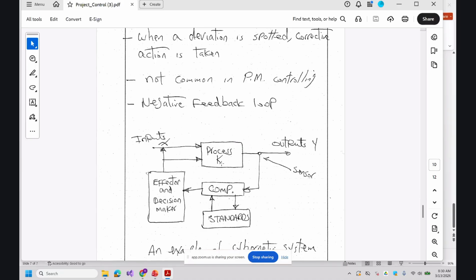In this process, you do some processing, and this is your output. At the same time, you have some sensors, and if you have any deviation, a comparison is done through this feedback, through this comparison module. There is an intelligent module here that can detect all the deviations based on these sensors and provide additional input. And you keep going through this loop to fix the issues.